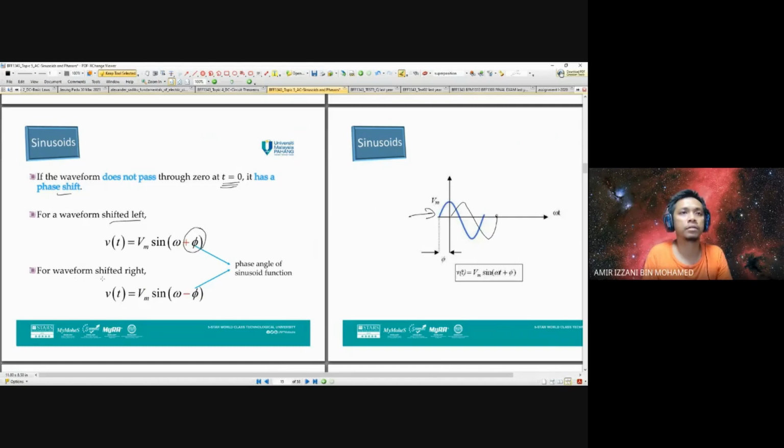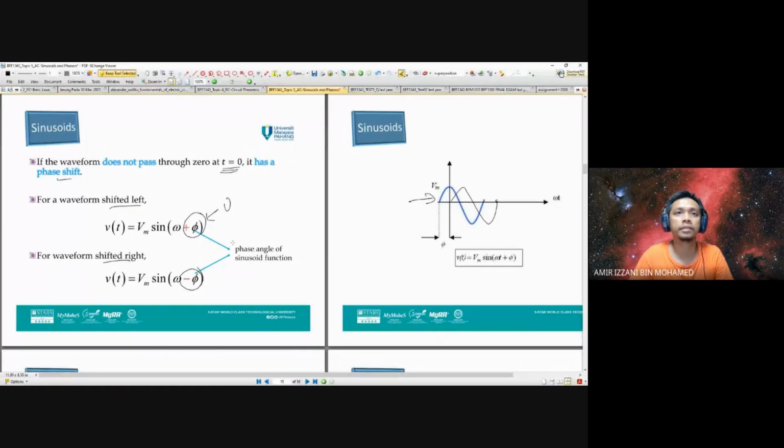If it's shifted right, minus phi. This is called the phase angle of a sinusoidal function. If it starts from 0, then this part is 0, so no phase shift. This is an important concept, because we will see later how current can have a phase shift on voltage, so it's not in the same phase.